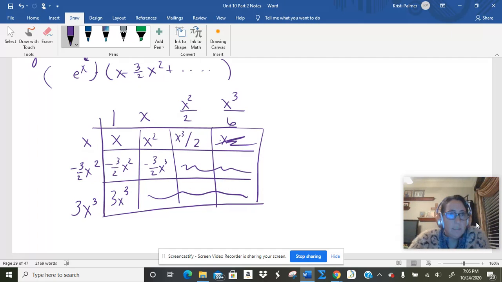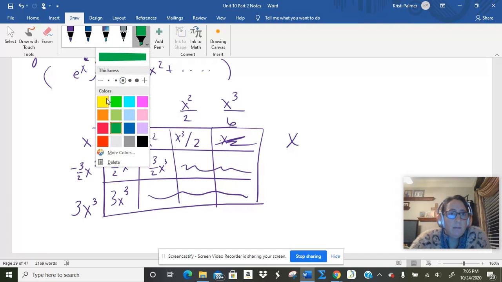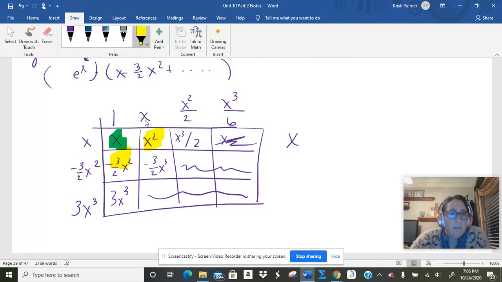Now I'm going to put together, there were no zero degrees, so I'm going to start with the 1st degree. And then I can go to the 2nd degree. On that one, I'm putting together a negative 3/2 plus a 1, which is 2 over 2, which would be negative 1/2.